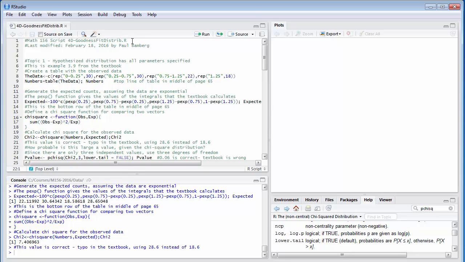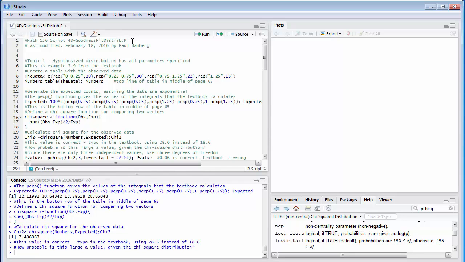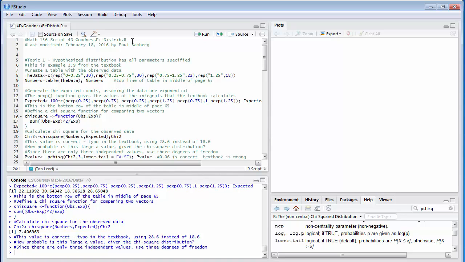So the question is, how probable is it to get this large a chi-squared value? If this is an improbably large chi-squared value, these data probably don't come from the exponential distribution. If numbers randomly generated from the exponential distribution frequently give a chi-squared value larger than this, then we certainly can't rule out the possibility. So we'll calculate the p-value.